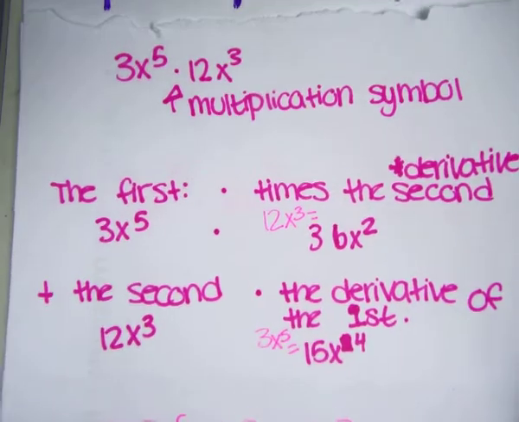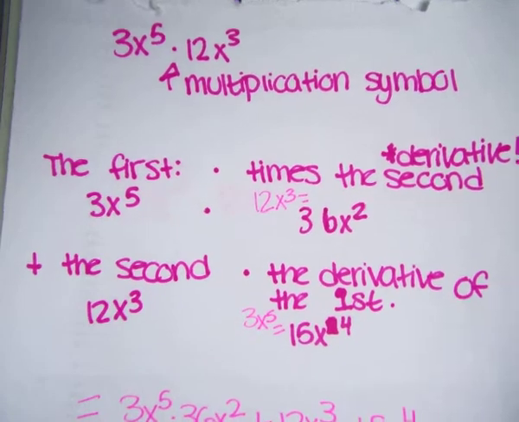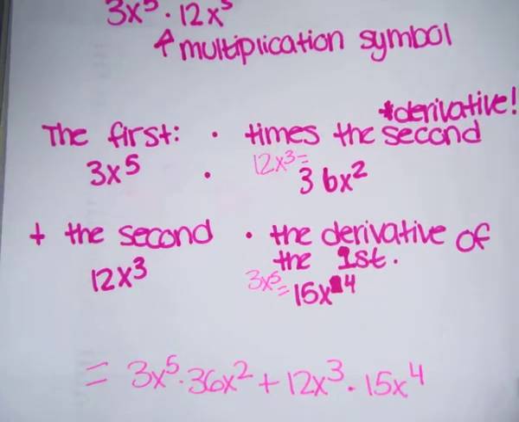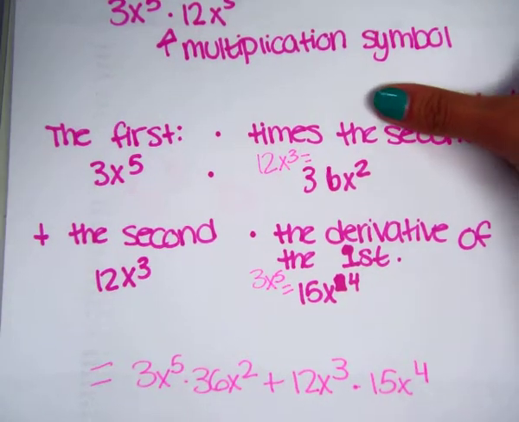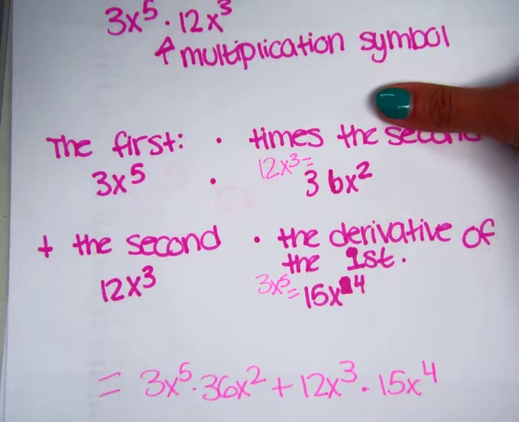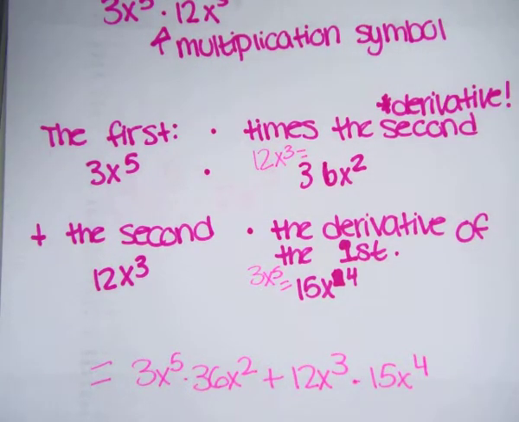Alright, so with product rule, in this situation you use the first, which would be 3x to the fifth, times the second, which would be 36x squared. Wait, times the second? I thought it was the derivative of the second. You're right. I mean, I can afford to mess up, but you can't.